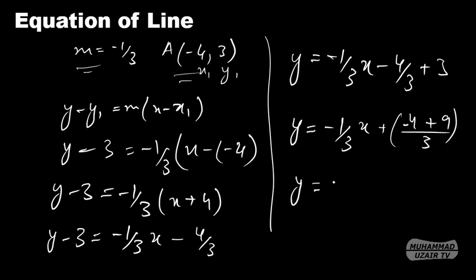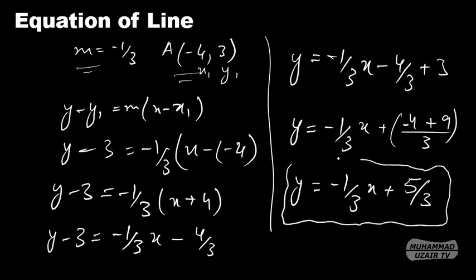So y is equal to minus 1 over 3 x plus 5 divided by 3. So this will be the equation of line for slope minus 1 over 3 and point -4, 3.